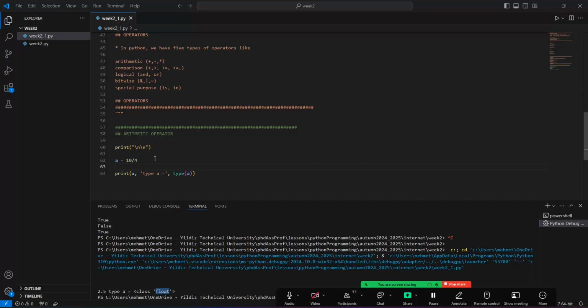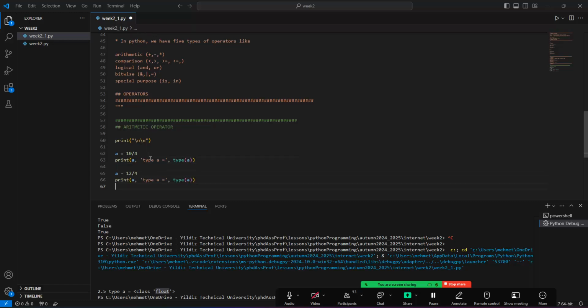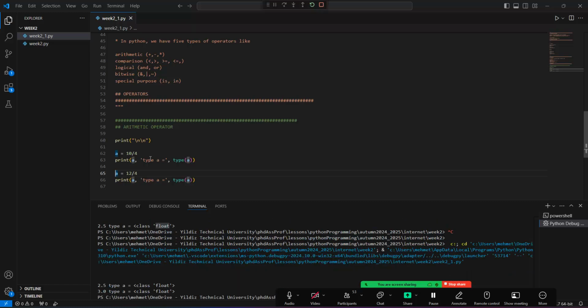Or a is equal to 12 divided by 4, and we can print these values. This time it is equal to 3.0, which is a float.